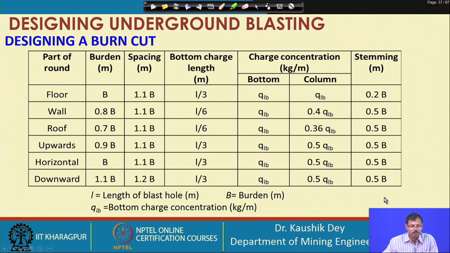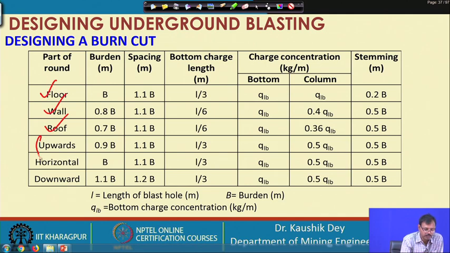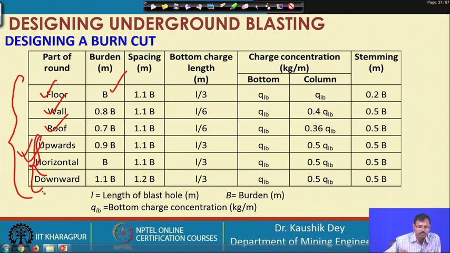For the other holes, floor holes, wall holes, roof holes, and the stopping holes, these three are the stopping holes. For these cases, the formula may be like this, and these considerations will remain the same for the wedge cut also.